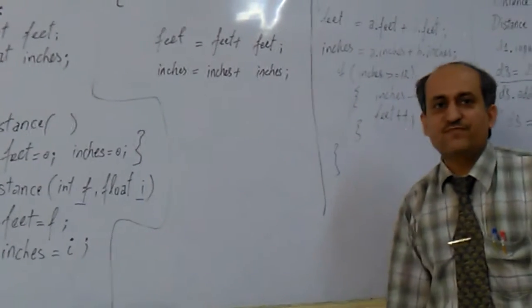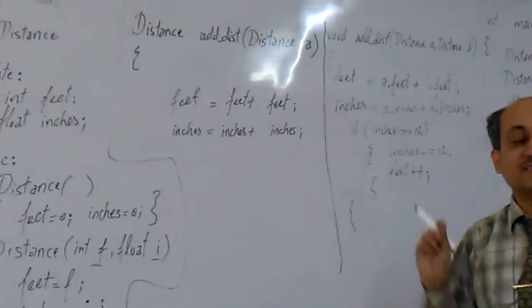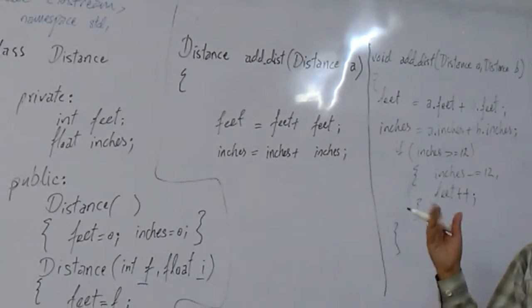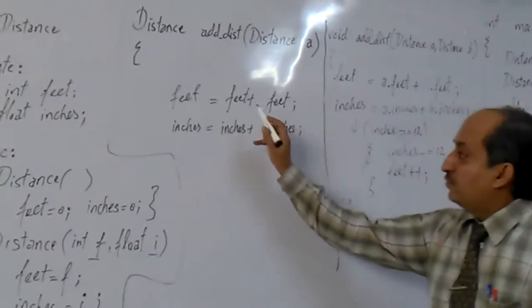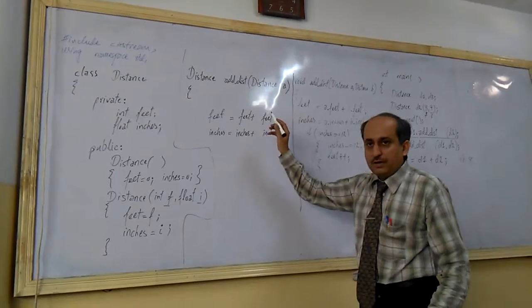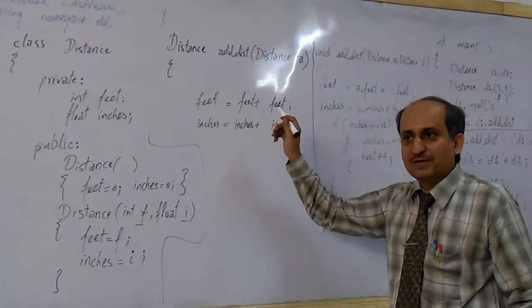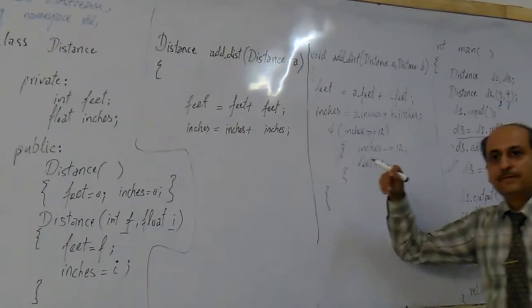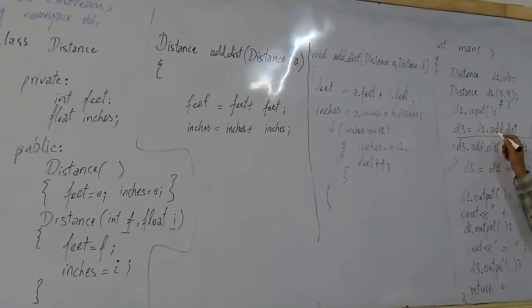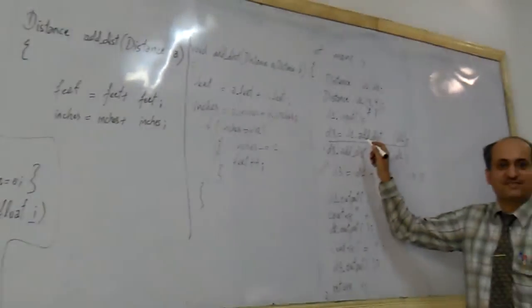Now I shall see which objects these feet and inches actually belong to. If I do not write any dot operator or variable name, then feet and inches will belong to the calling object. In this case, the calling object is D1.